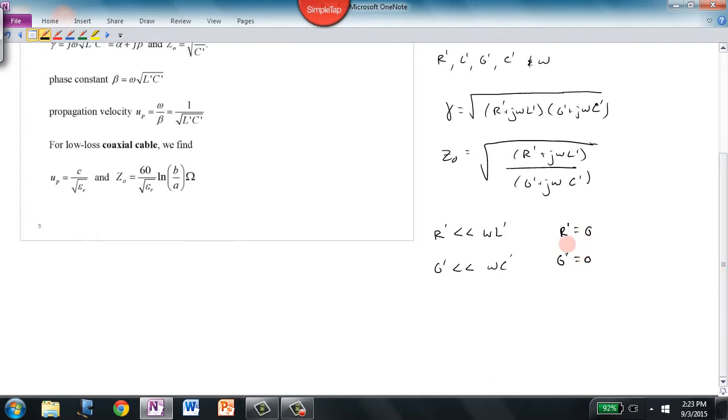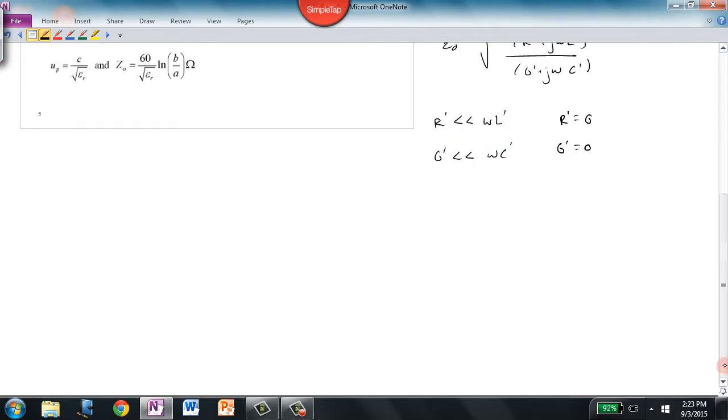And it gives us some interesting results if we plug it into our equations for complex propagation constant and characteristic impedance. So R prime goes to 0, G prime goes to 0 in both these equations. We'll just do that math real fast.